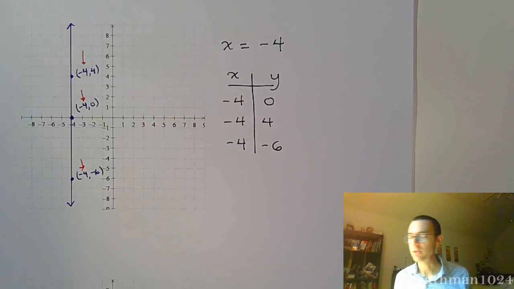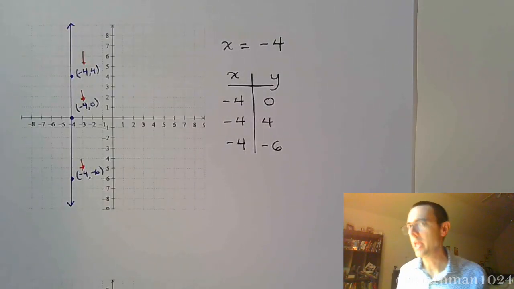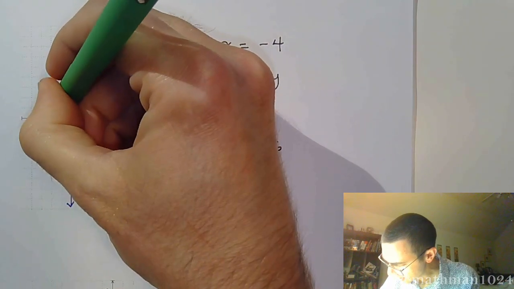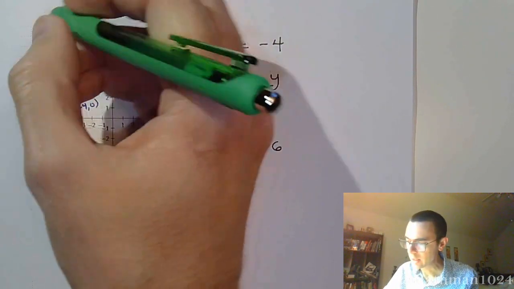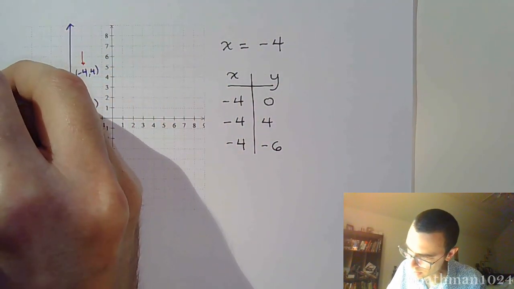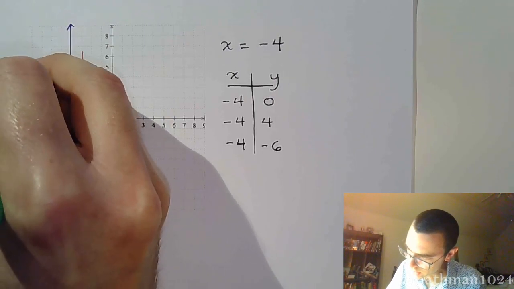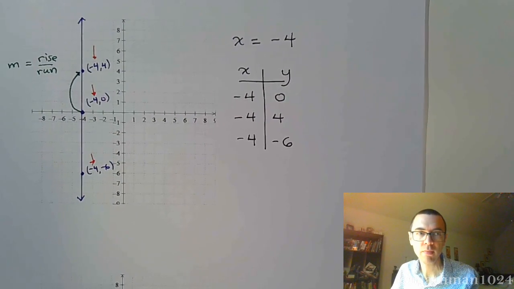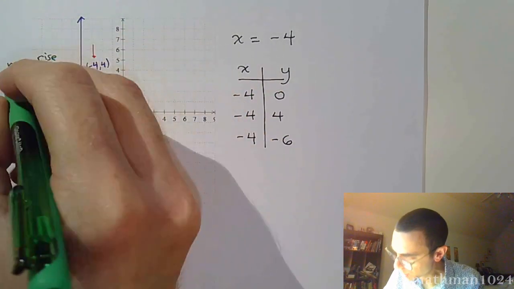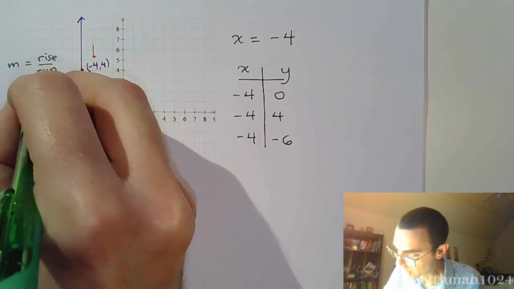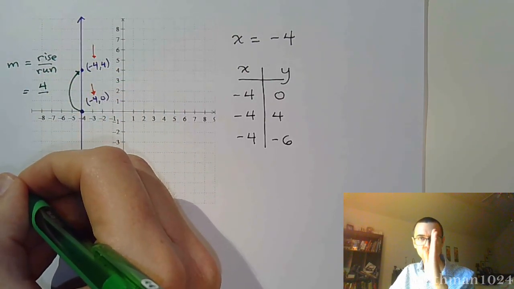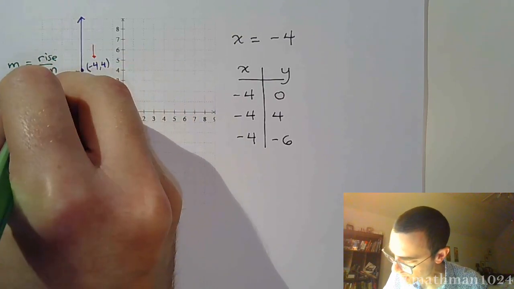What about vertical lines? Well, their slope can't be 0 because they don't even go in the same direction as the horizontal line. Check this out. Let's try to calculate the slope just like we did before. The slope is rise to run. And from this point to that point, I have a rise of 4 units, but my run, I didn't go left or right. I stayed right there. So my run is 0.